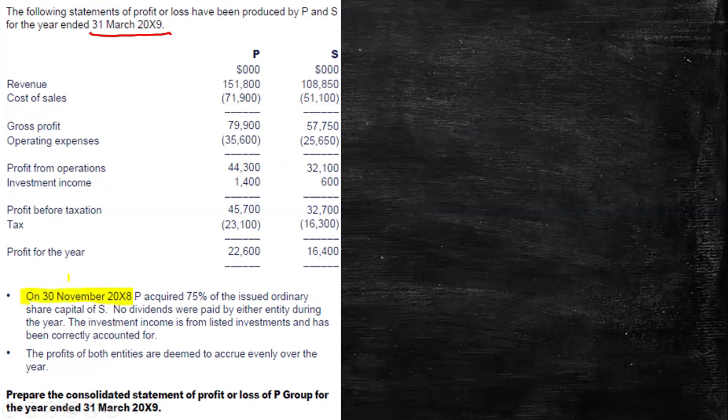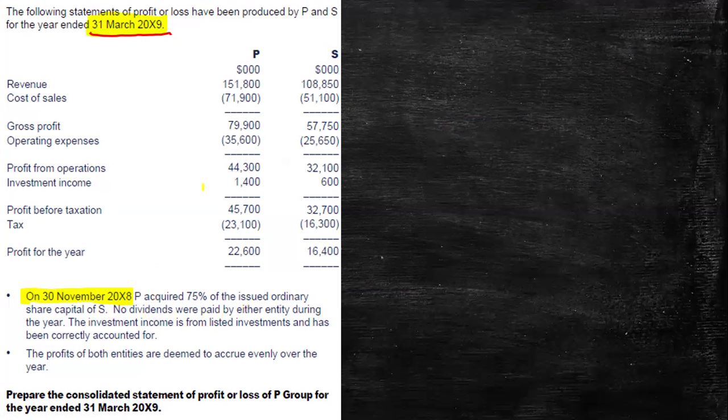If you count the number of months since acquisition, they add up to December, January, February, March, 4 months. So now that we're preparing the consolidated statement on 31st March 2019, it has only been 4 months since the acquisition of the subsidiary.